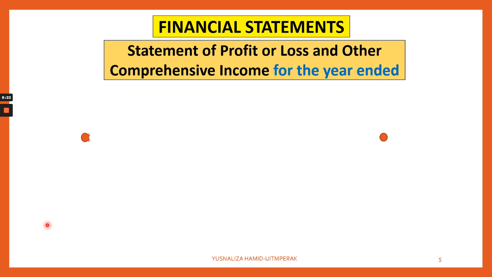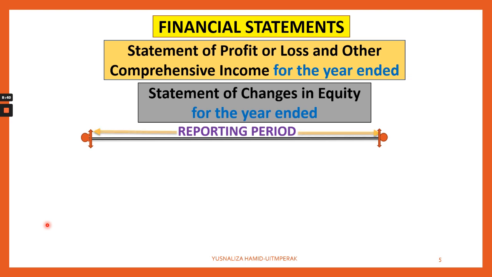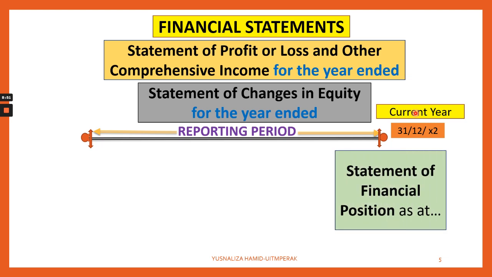For example, statement of profit or loss and other comprehensive income, and statement of changes in equity. These are the two statements that are also prepared for the reporting period. Let's say the reporting period ends on 31st of December 2000X2, this is the current year. And normally on that date, the statement of financial position will be prepared, assuming this is prepared once a year.